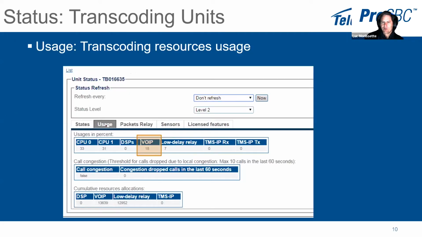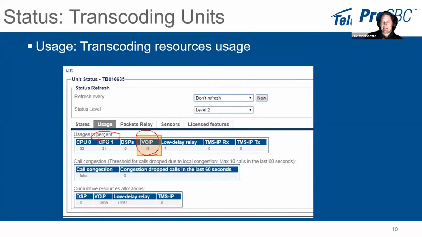And in usage here, if you have transcoding being used on the system, this value will go up. This is in percentage of the total voice over IP transcoding devices available on the system.